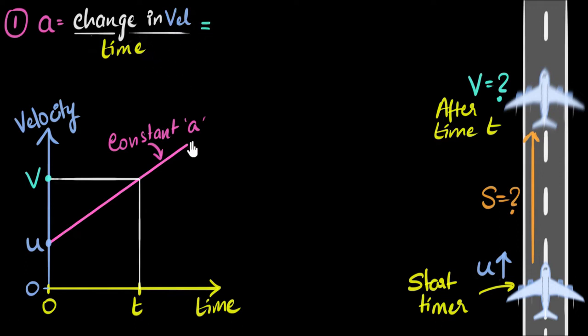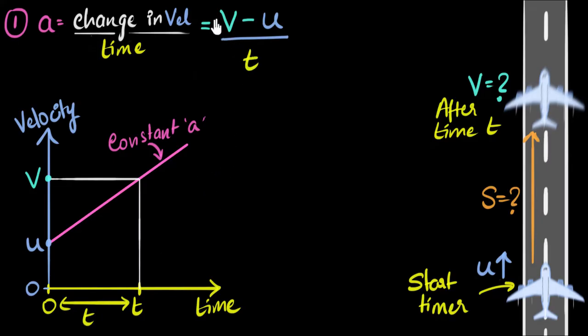So in our case, what's the change in velocity? Well, the final velocity is v, initial velocity is u, so the change is v minus u. V minus u divided by, what is the time it takes to change that? From here to here, the time is t.